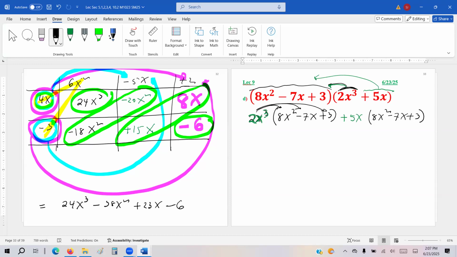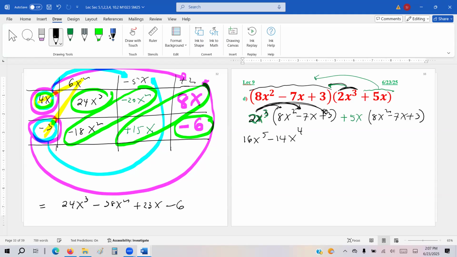So what do you get from the first term? 16x to the 5th power, perfect. The next one, this with that. Go ahead, no problem. Negative 14x to the 4th, perfect.